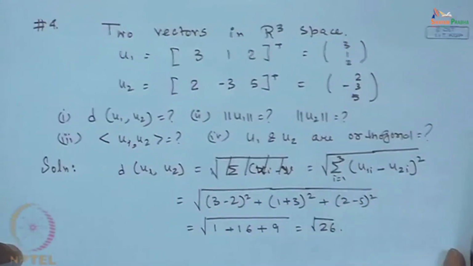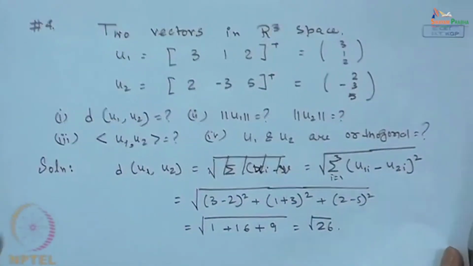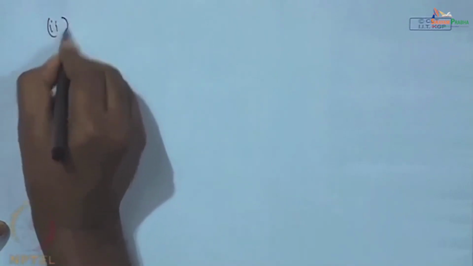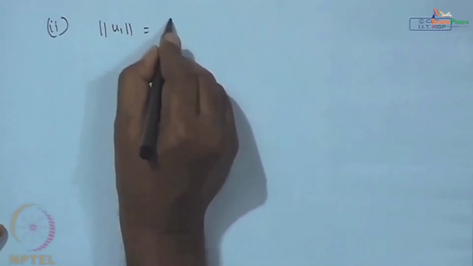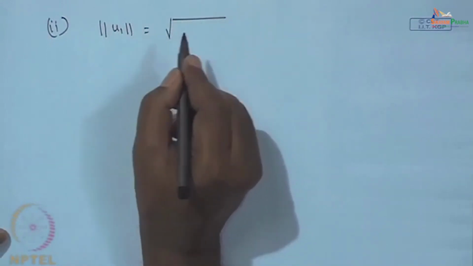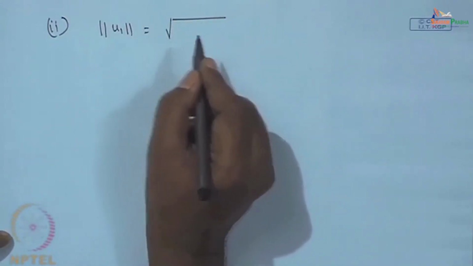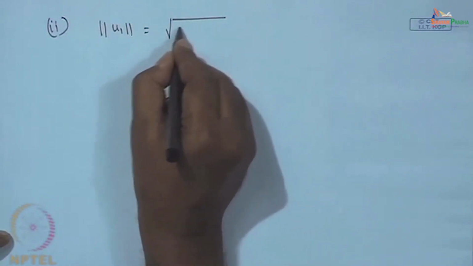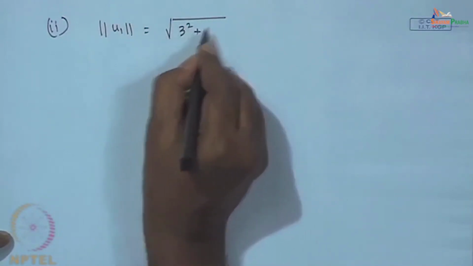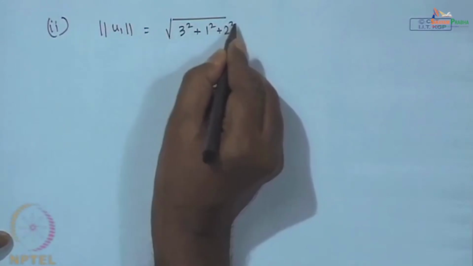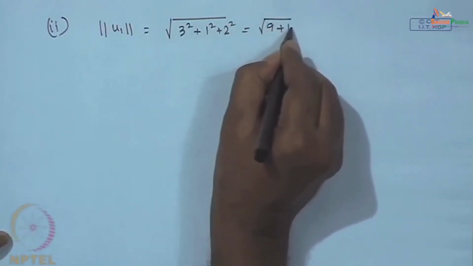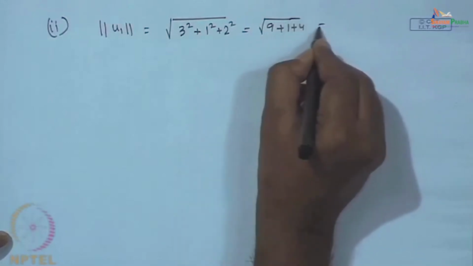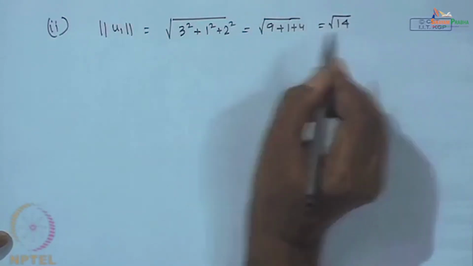Next, we will compute the norm of u1 and norm of u2, part 2. So, we will compute the norm of u1 as root over the square of each element added up. So, it will be 3 squared plus 1 squared plus 2 squared, so root over 9 plus 1 plus 4, it will be root over 14 units.